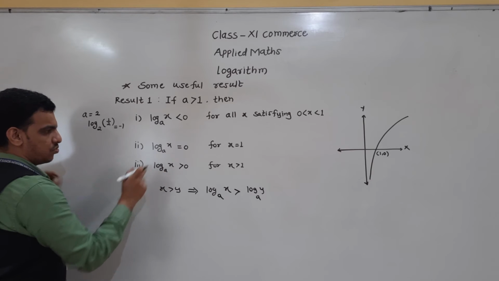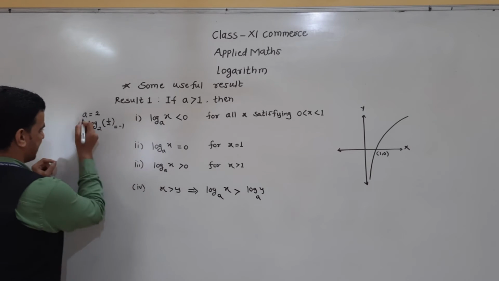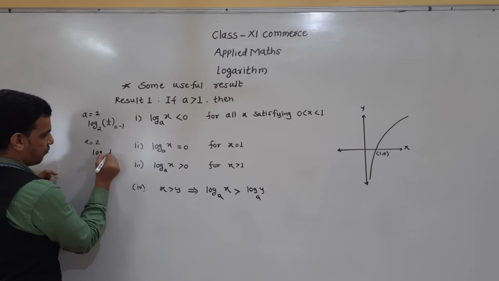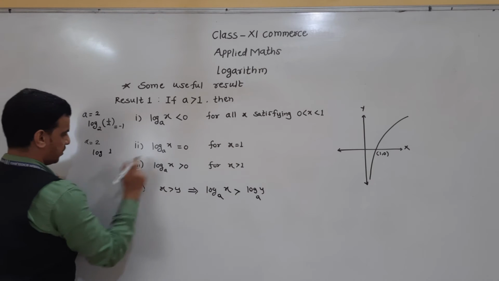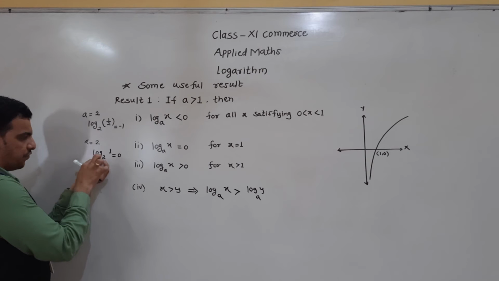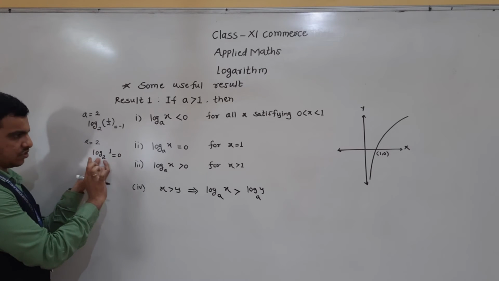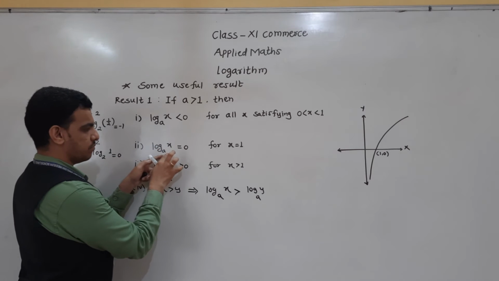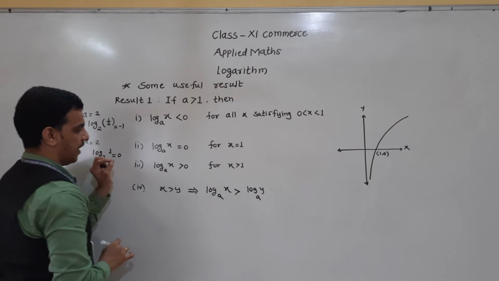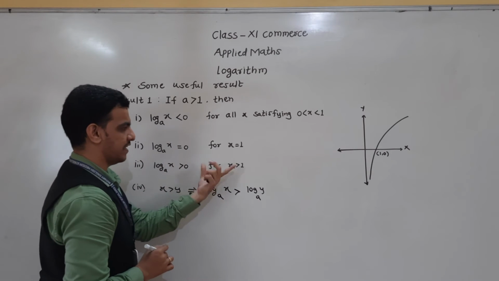Suppose I am taking a as 2, then log of 1 to the base 2 is 0, because if we raise the power of 2 by 0, then we will get the answer 1. So log x to the base a is equal to 0 for x equal to 1, and log x to the base a is greater than 0 for x greater than 1.